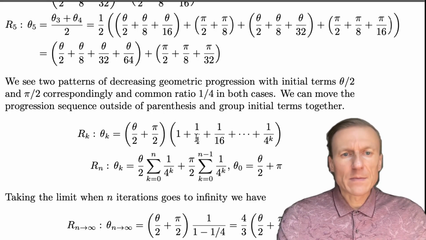So we see the decreasing geometric progression with this initial term, and the common ratio is 1/4, to the power of k.